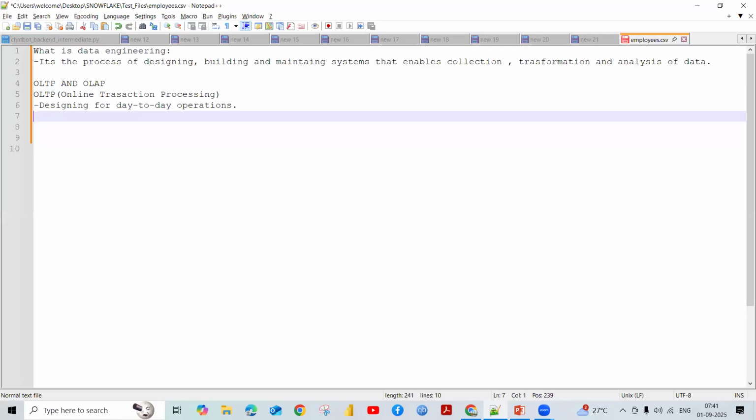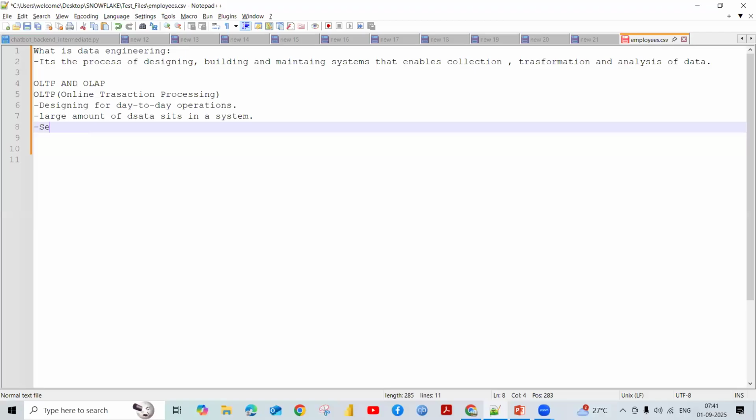It means a large amount of data sits in one particular system, and these servers are very fast. This large amount of data sits in a particular system, or a data lake.